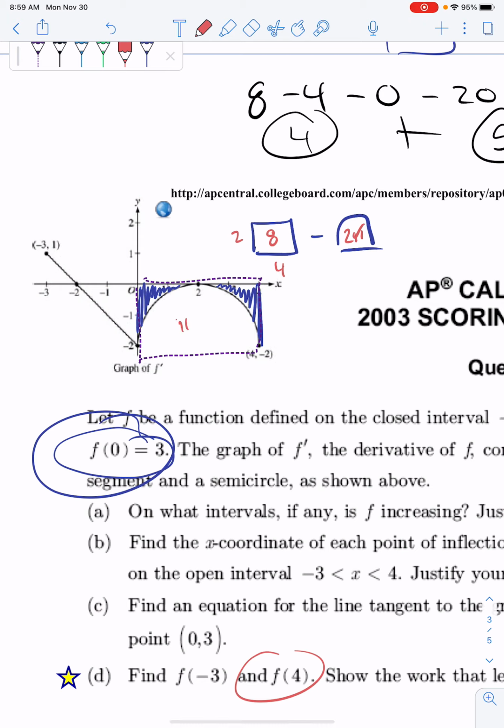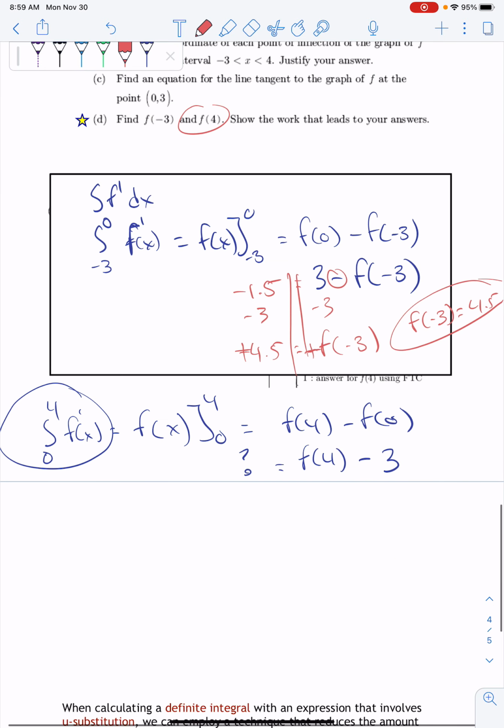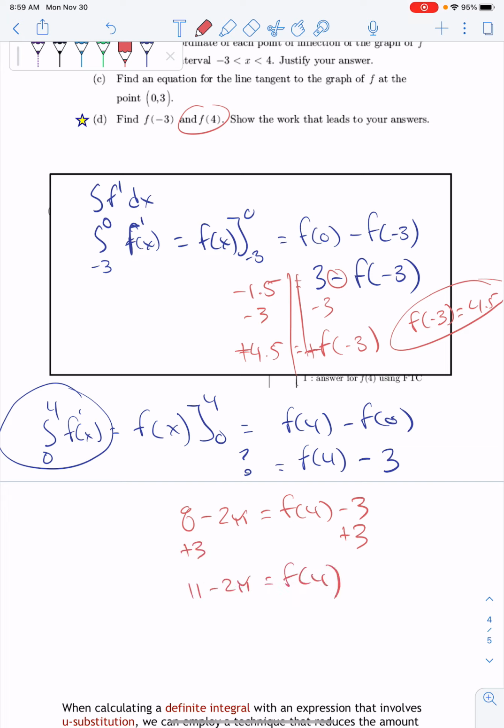Because this is pi r squared, which is pi 2 squared, which is pi times 4, but it's a semicircle, so I divide by 2. So that's where I got my 2 pi. So I've got 8 minus 2 pi. So I can come back down here and say, all right, so 8 minus 2 pi is equal to f of 4 minus 3. So if I add 3 to both sides, 11 minus 2 pi equals f of 4.